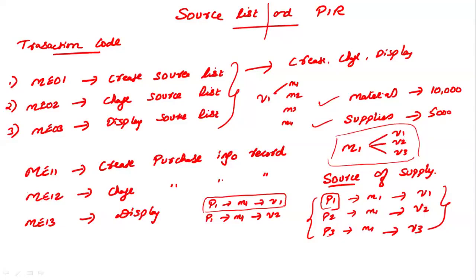But he has no quality in M4, or he is not delivering a good product in M4. Then if you block the vendor completely, he will not be able to deliver all these materials. If you want to block the vendor only for this particular material, then you can use this source list functionality. Apart from this, there is no use of the source list.